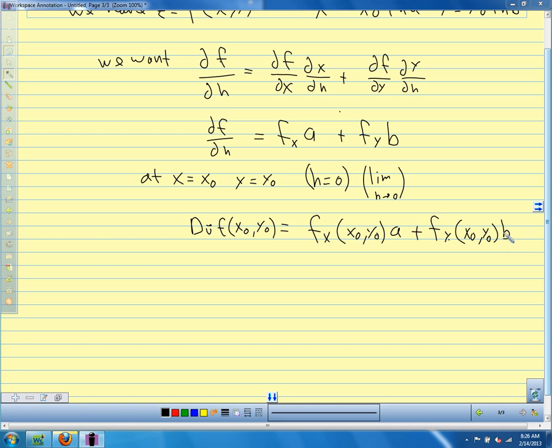It kind of looks like a total differential. Or thinking of vectors, something that involves the x components multiplied, added to something that involves the y components. Dot product. This looks like a dot product.